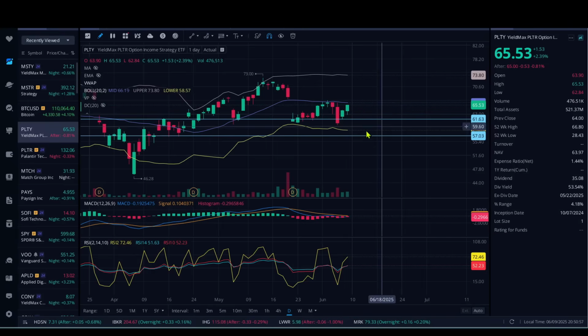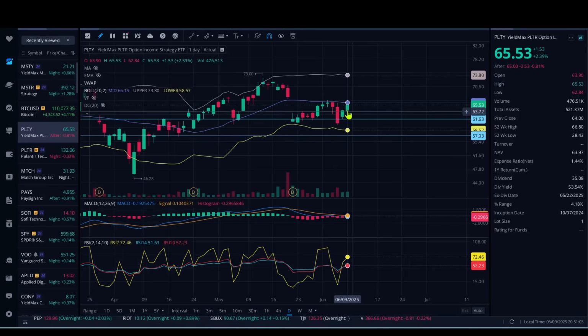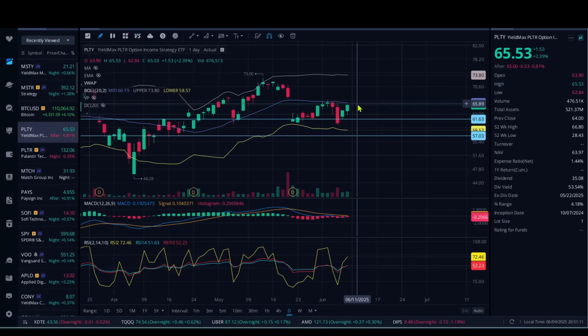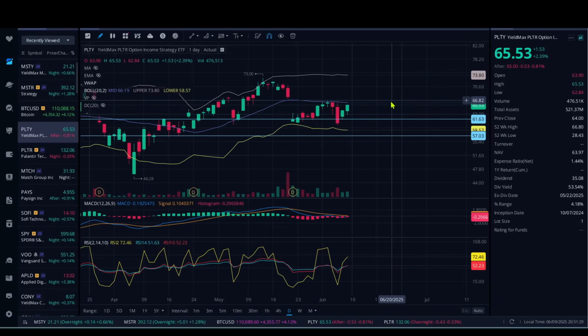We also had a green candle on Friday. So we are seeing a little bit of a movement starting to head back up. Love to see that. And hopefully we can start breaking back above this 66.80 range, as that looks like that might be our little line in the sand for PLTY.